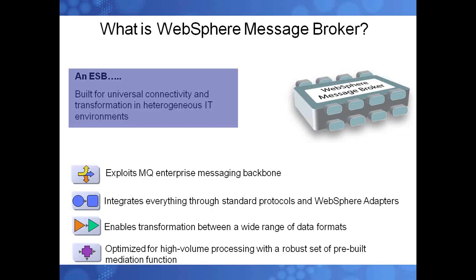The WebSphere message broker is basically universal connectivity which helps you to reduce the whole load of your business applications, irrespective of your technology, your communication channel, or the coding languages you use, because it converts from one language to any other data format.